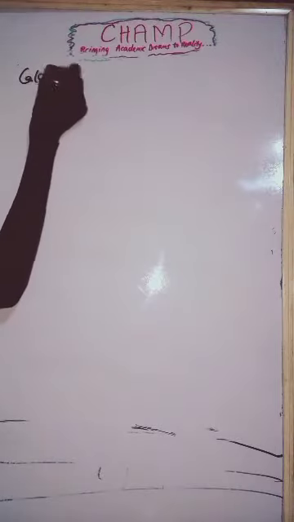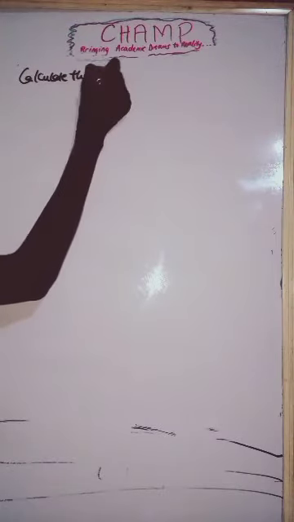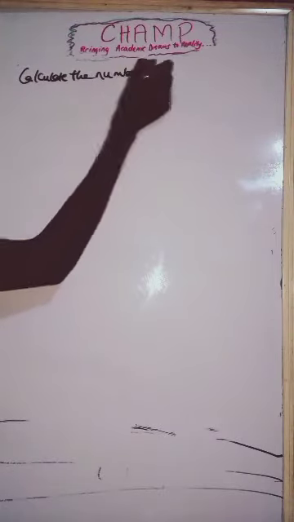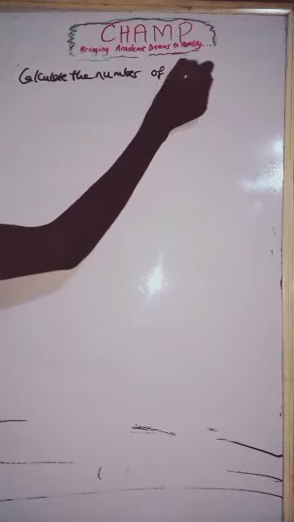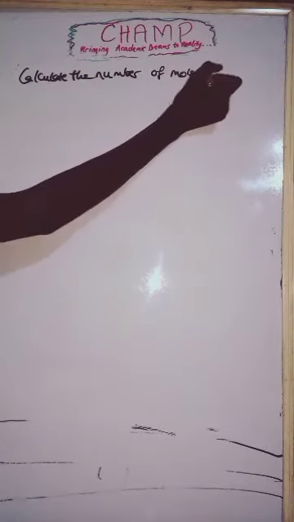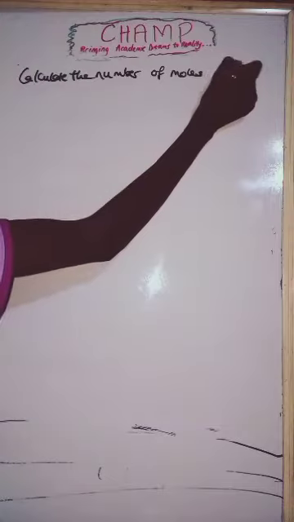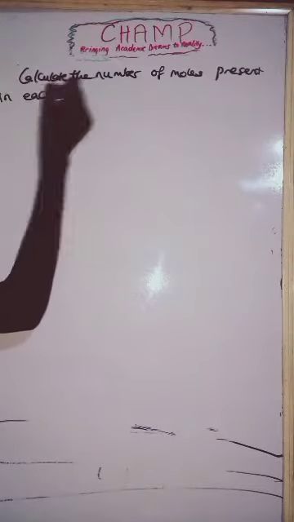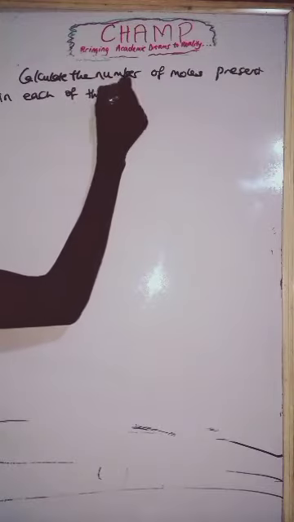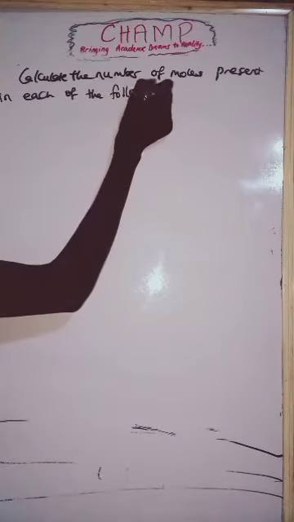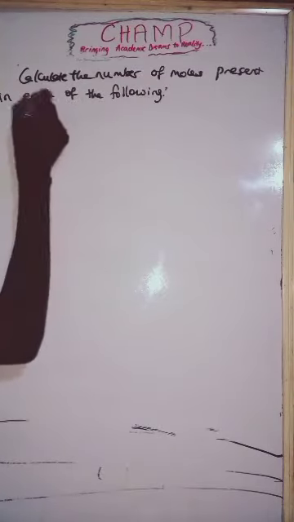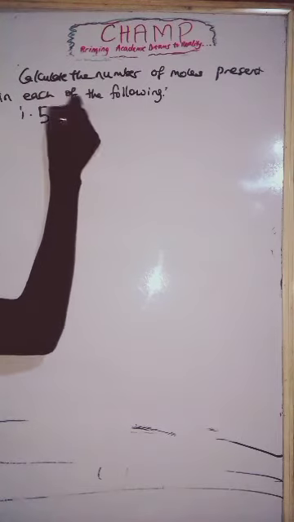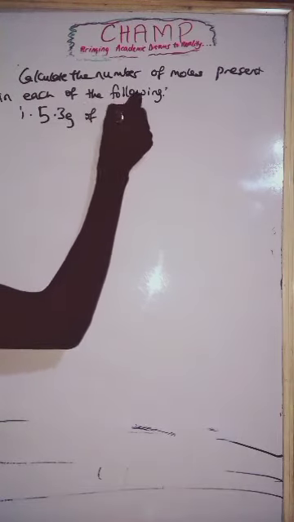Calculate the number of moles present in each of the following. Roman figure 1, 5.3 gram of Na2CO3.